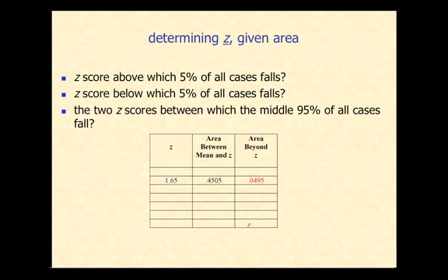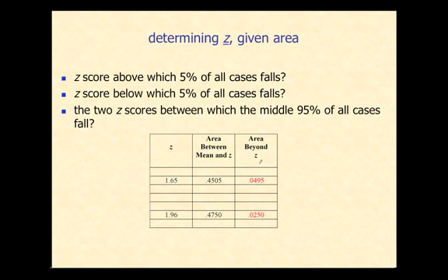A z of 1.65 has an area between the mean and z of 0.4505 and the area beyond z of 0.0495, which is the closest that we can get in Table A in Appendix C to 0.05. Okay, that is the closest value that we have.